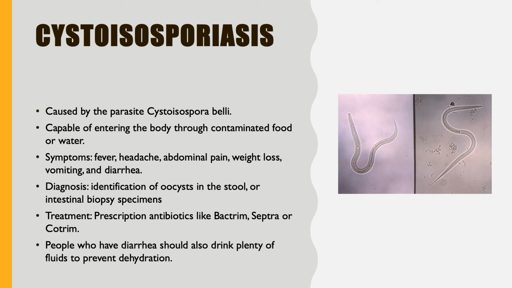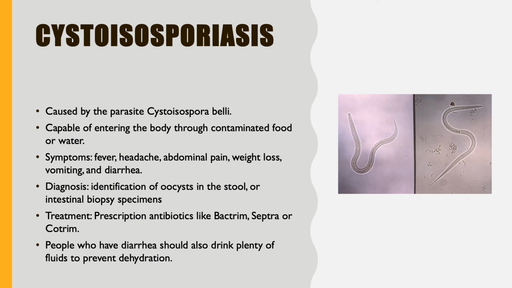Next, we have cystoisosporiasis, which is caused by the parasite Cystoisospora belli. It is capable of entering the body through contaminated food or water. The symptoms include fever, a headache, abdominal pain, weight loss, vomiting, and diarrhea.